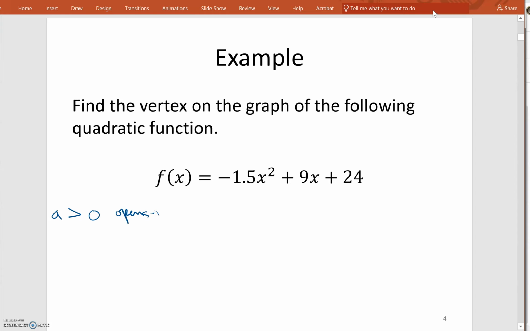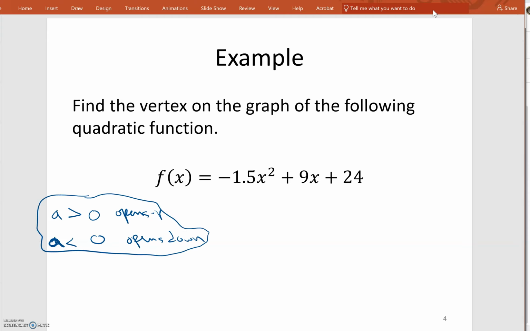And if the leading coefficient is less than 0, it opens down. We'll make this more official in a moment, but since this is less than 0, this parabola is going to look like this.